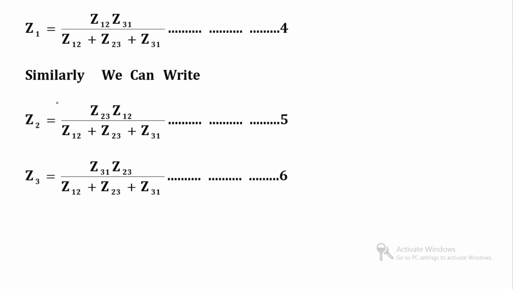Similarly, we can write Z2 and Z3 also, because the three phase system has symmetry among the three phases.